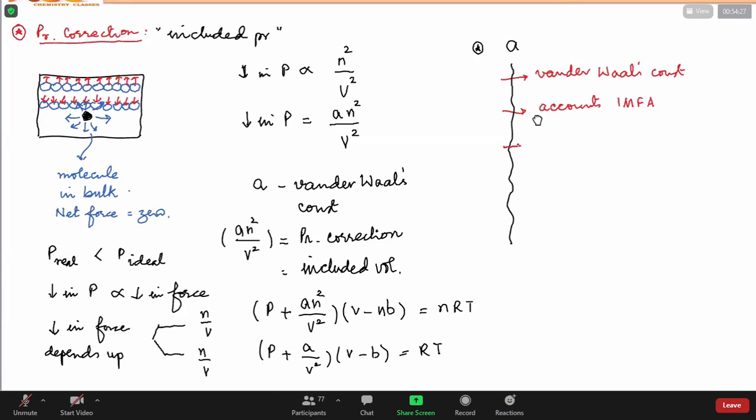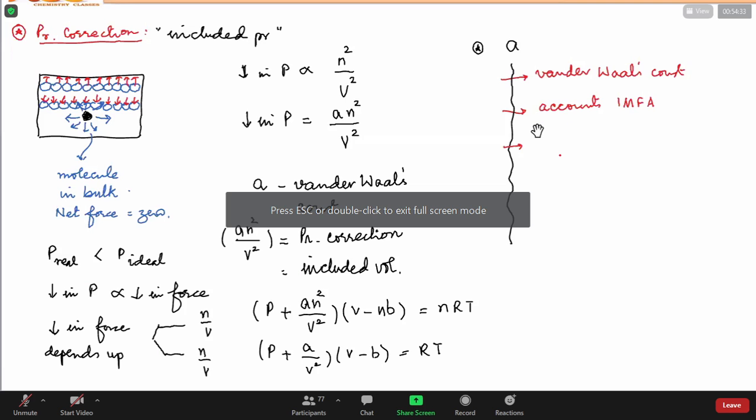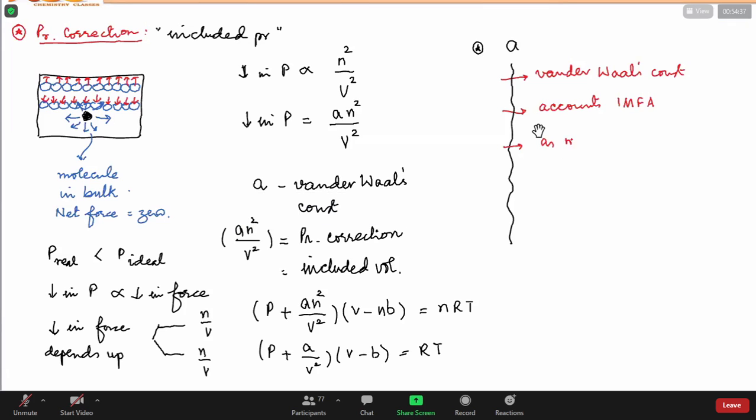Very good sir. Let's go, while going, tell the significance. What is A? A accounts for intermolecular force of attraction. Therefore A depends upon size, no sir, molecular weight. As molecular weight increases, what happens?